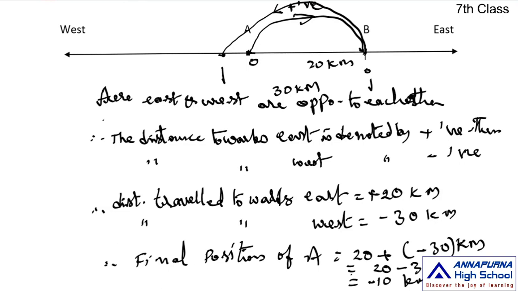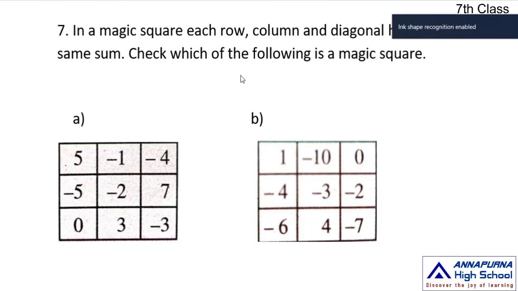Therefore the position of A is 10 kilometers towards west. That's it.